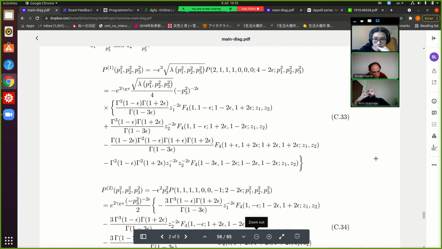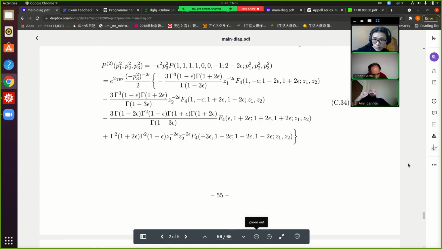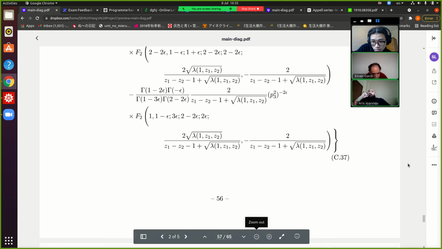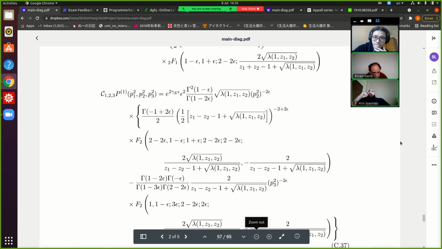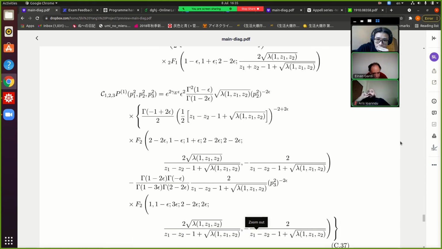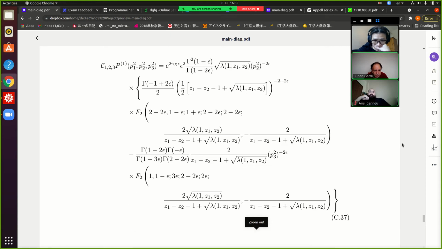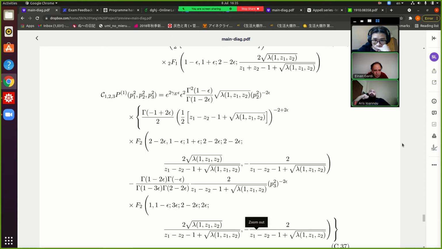So these are P1 and P2 as a linear combination of F4s. Go down. Okay, that's what I want to show you. You see, these are the maximal cuts. They are written in terms of F2 functions. But let's go up a little bit.